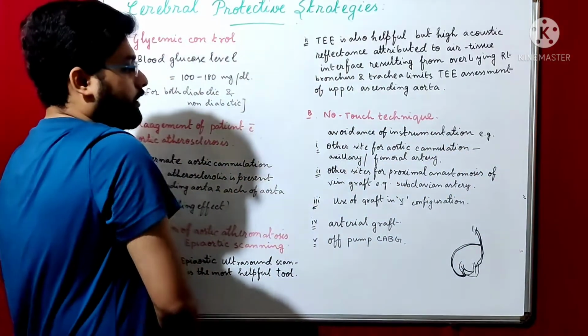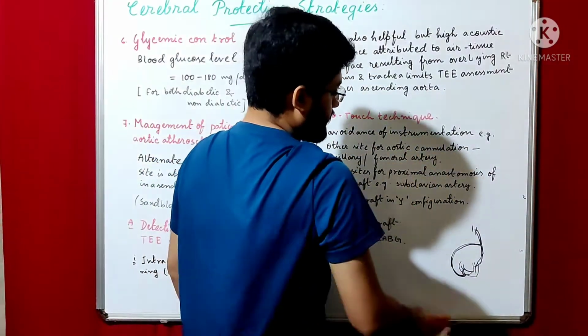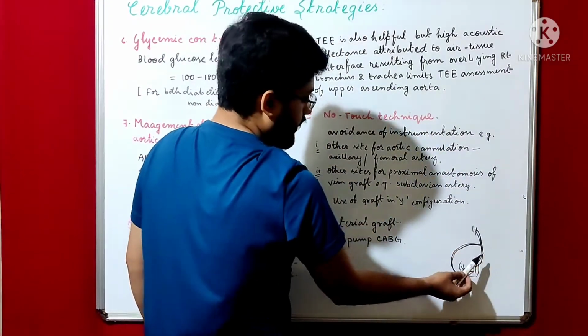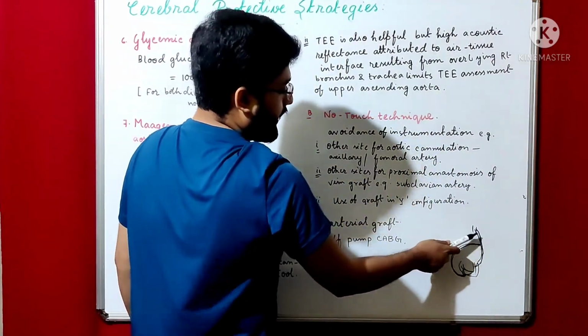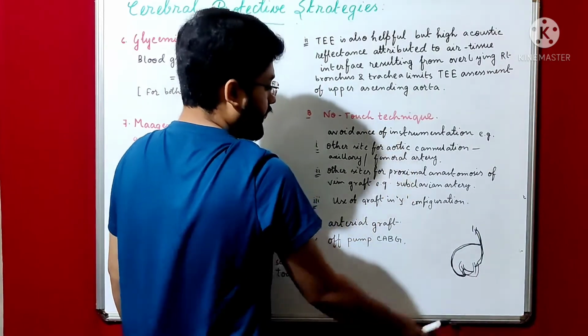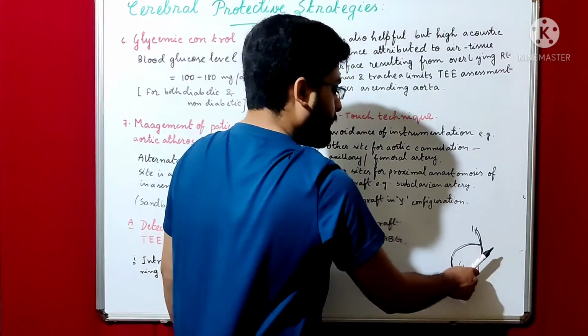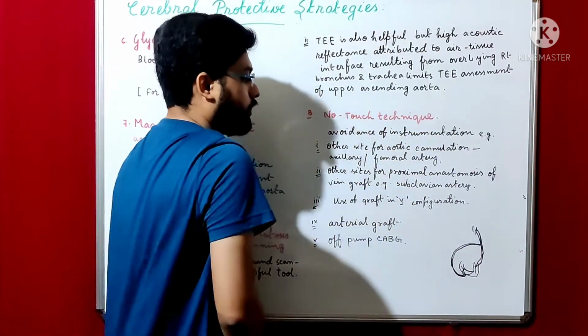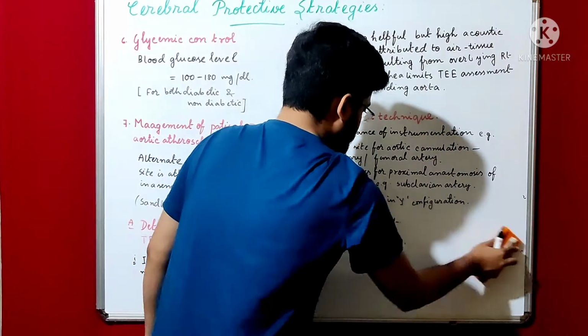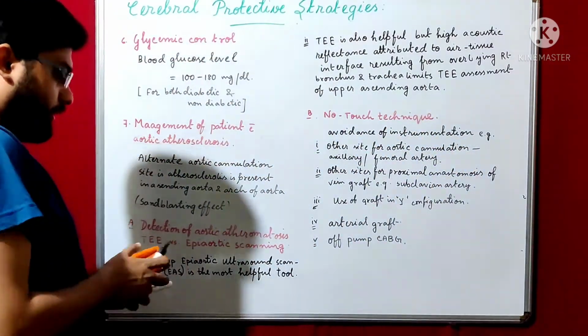This is called the Y configuration of venous graft. That is, one graft is directly from a major artery to the coronary artery and the second graft is from the previous graft to the coronary artery. This is the Y configuration.